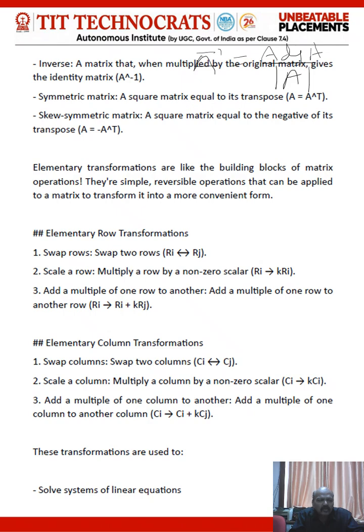Another transformation is add a multiple of one row to another, meaning addition of a constant multiple of a row to any other row. It is denoted by this symbol. तो यहाँ पर मैंने रो के लिए बताया है, when we use columns, we will use C instead of R. So here you see these are the same transformations which will be applied to columns. So we have a total of 6 transformations, 3 row and 3 column.